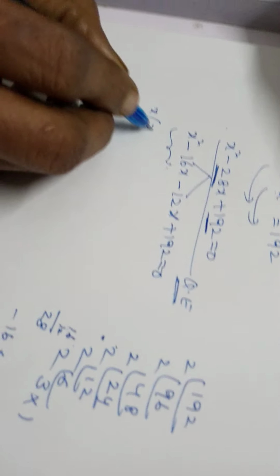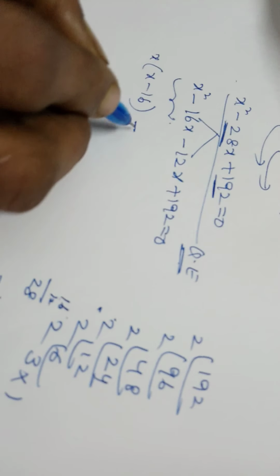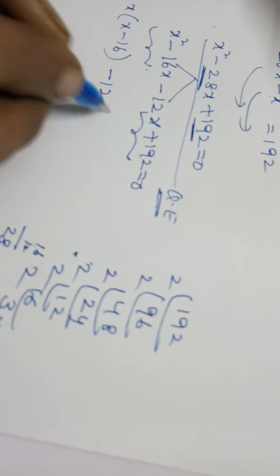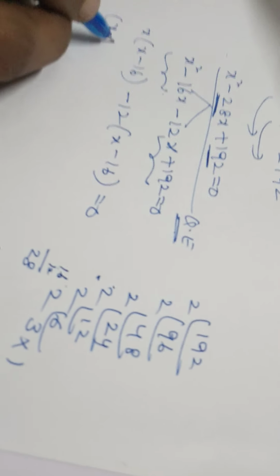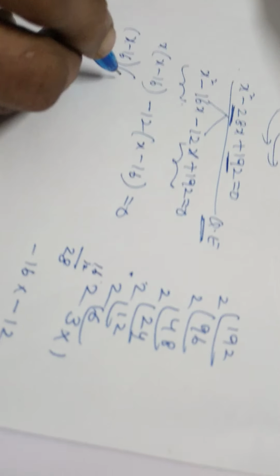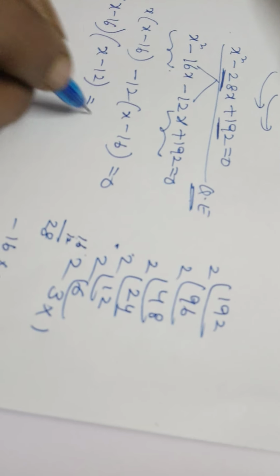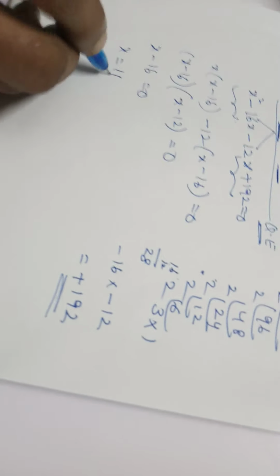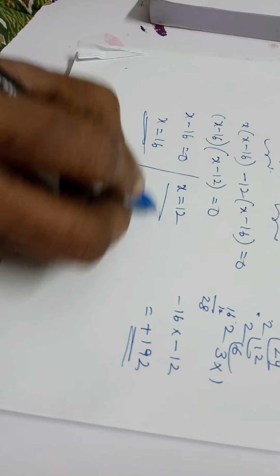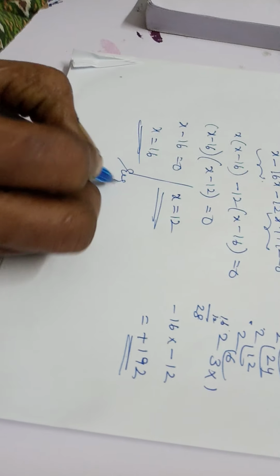Now what is common here? x minus 16 is common here. Taking x minus 16 common, x minus 12, x minus 16 is equal to 0. So x is equal to 16 and x is equal to 12. So these are the required numbers.